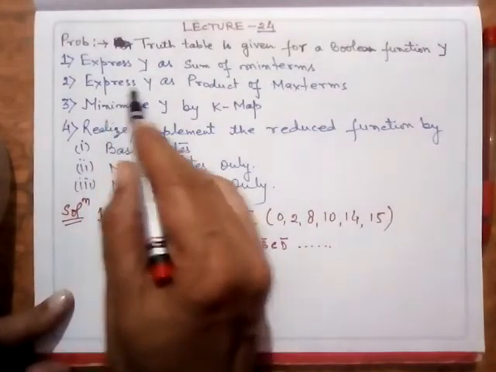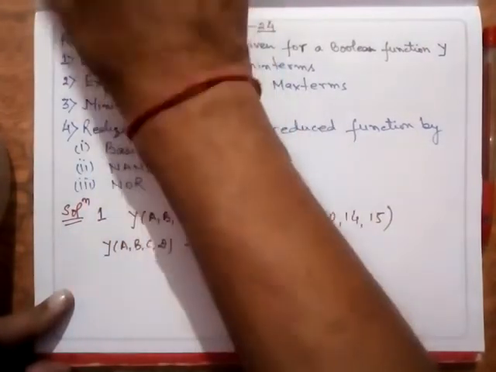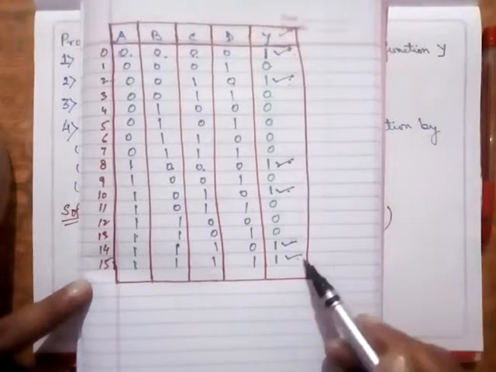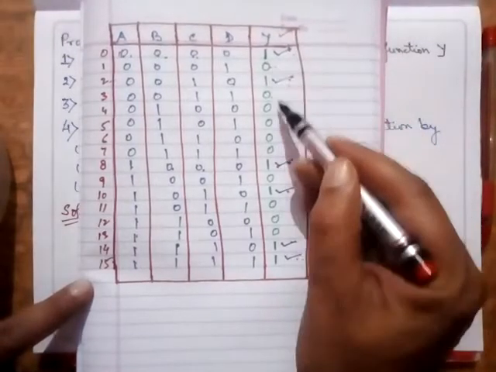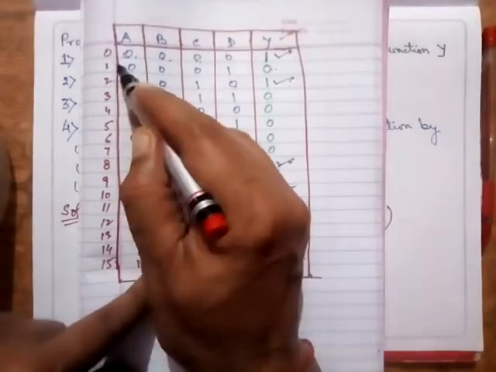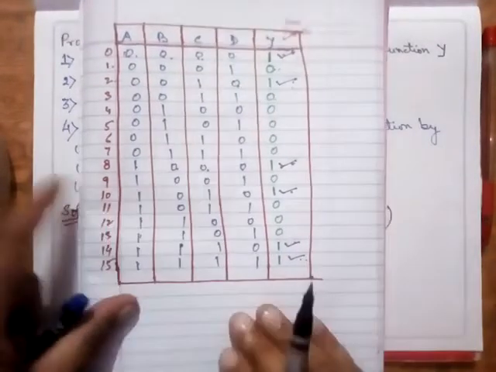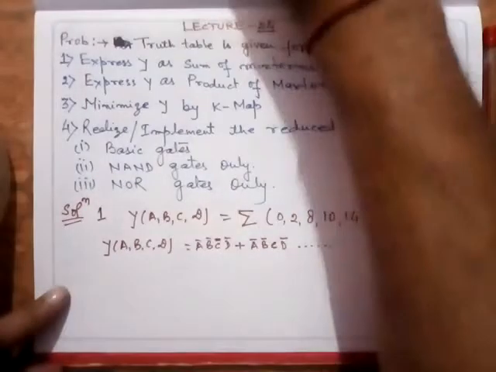Second part of the problem, express y as a product of maxterms. Now maxterms means wherever you have these zeros. Of course, from 0 to 15, these are the minterms, means the remaining decimal terms from 0 to 15 will be maxterms only, or at least product of maxterms.